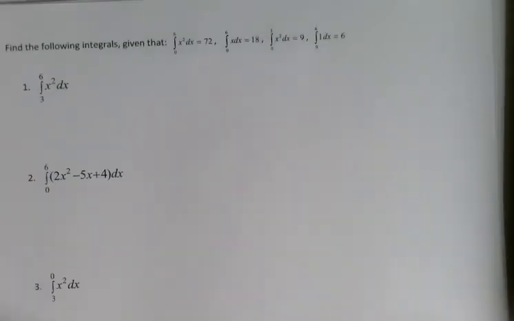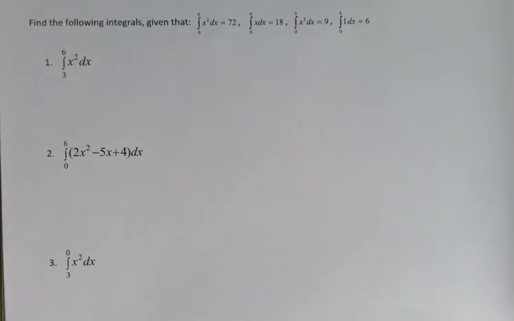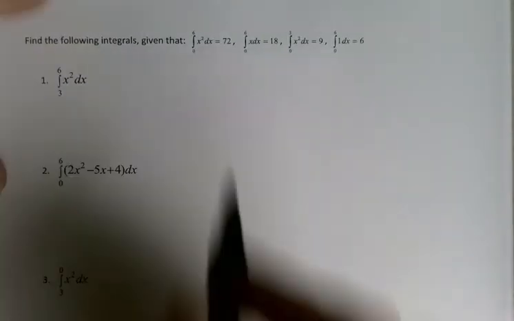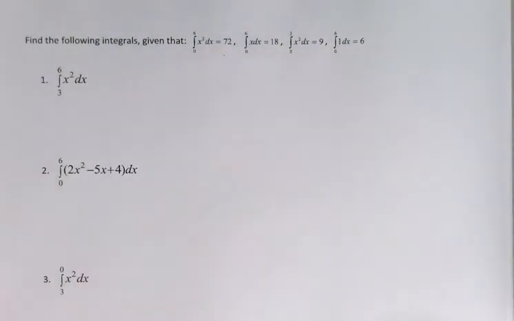All right, let's try a few more. This time, I'm going to start you out with some integration values. So I'm just going to tell you the values of these 4 integrals. And I'd like us to use them to calculate the values of the remaining integrals, the ones that we're asked for here.